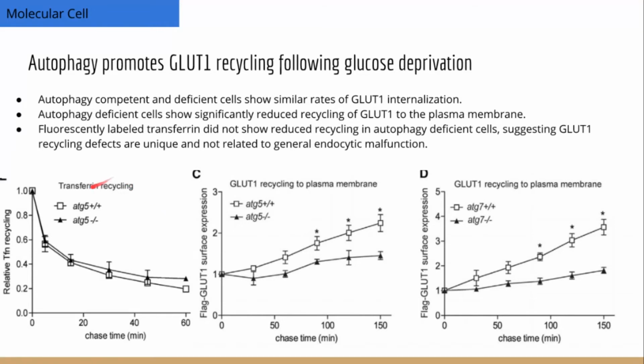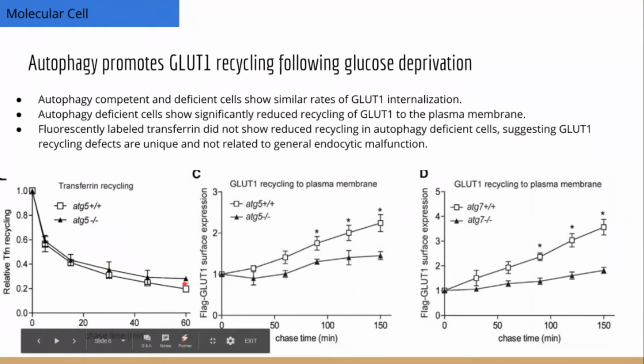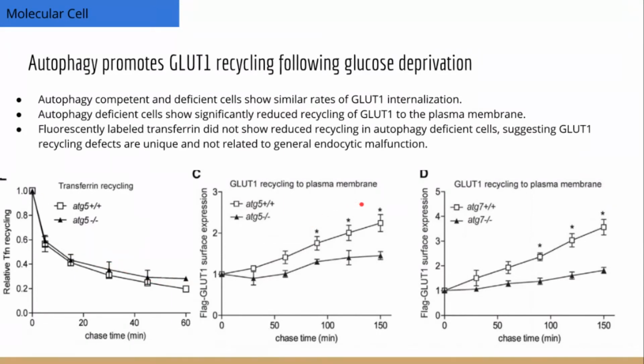And so this is actually a really big point that they're making with this single graph, because what they're saying is that the general pathway, the general endocytic and endosomal transport recycling pathway, is functioning just fine. So even in ATG5 deleted cells, endocytosis recycling is fine. So they're suggesting that it's something specific to GLUT1.